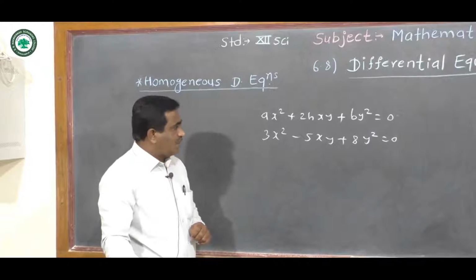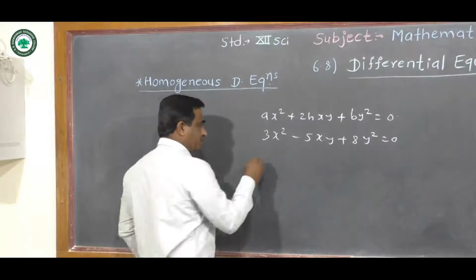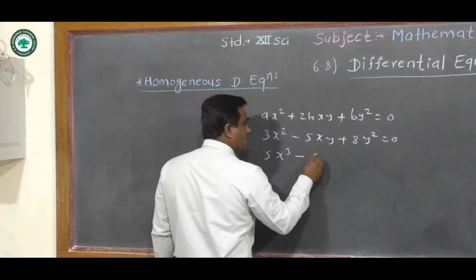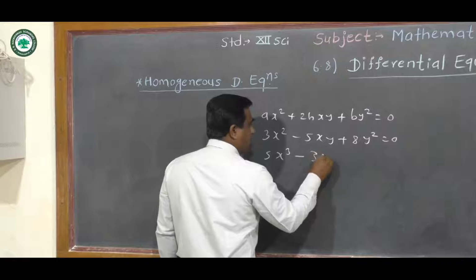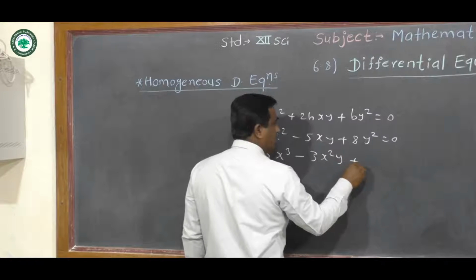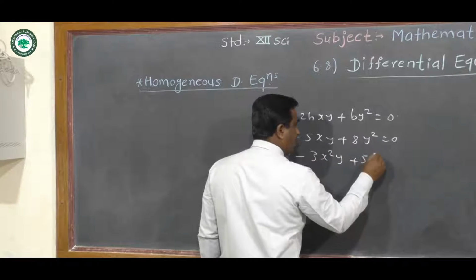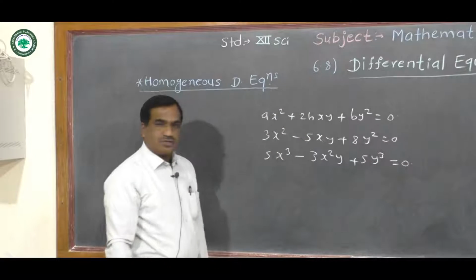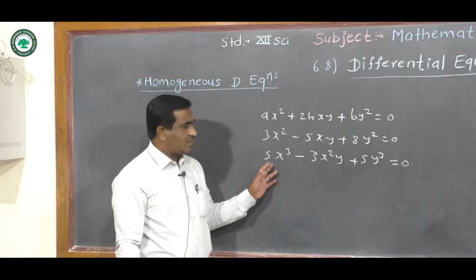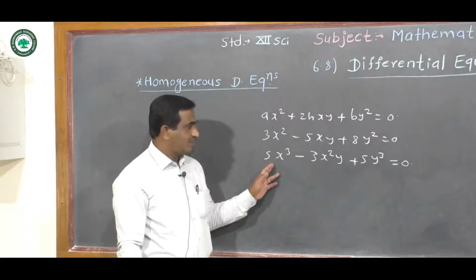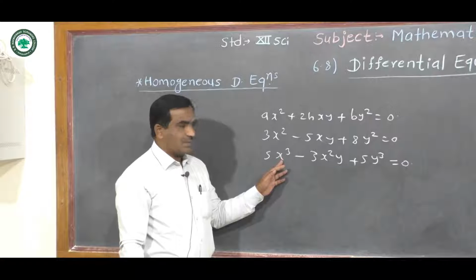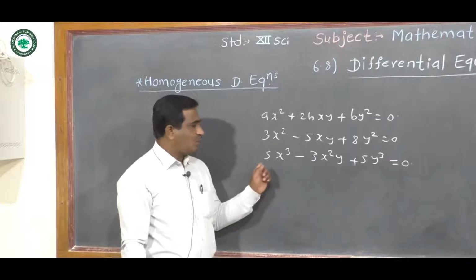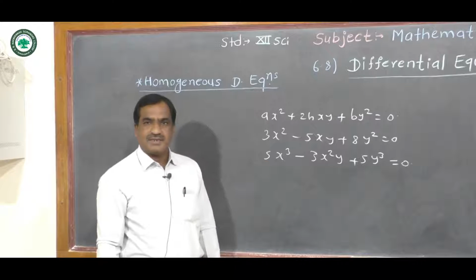Another example, 5x cube minus 3x square y plus 5y cube equal to 0. This is also a homogeneous equation of degree 3, because the sum of the indices of the variables x and y in each term is 3. Therefore this is a homogeneous equation of degree 3.